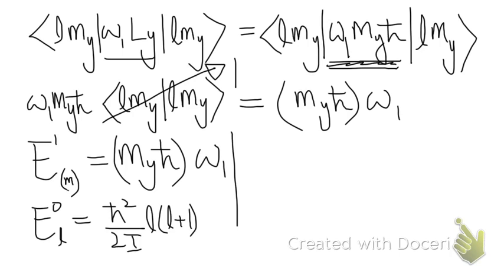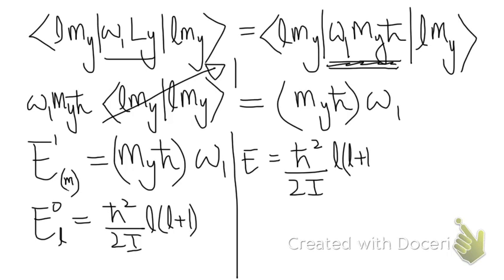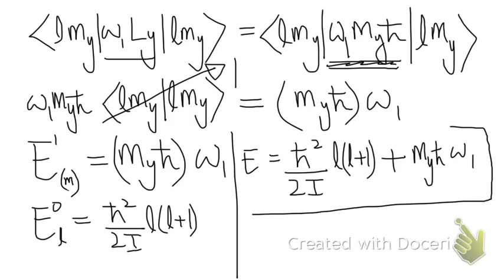We derived this, and therefore my total energy corrected up to first order will be the unperturbed energy, L into L plus 1 term, plus My h cut omega 1. So this is the total energy up to first order of my perturbed system, my electron moving around the surface of a sphere in a perturbing magnetic field along my y direction.